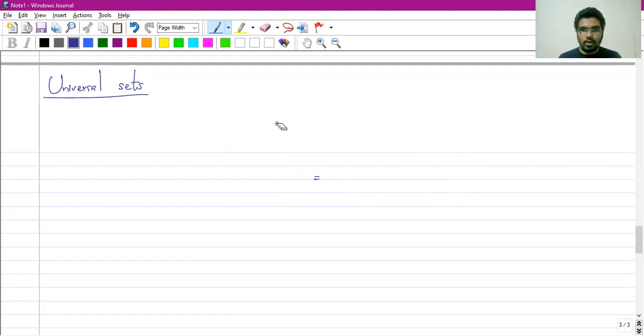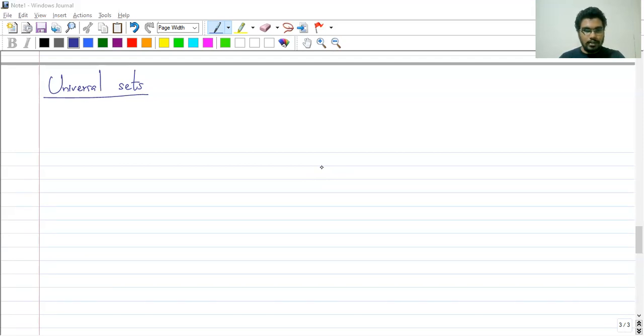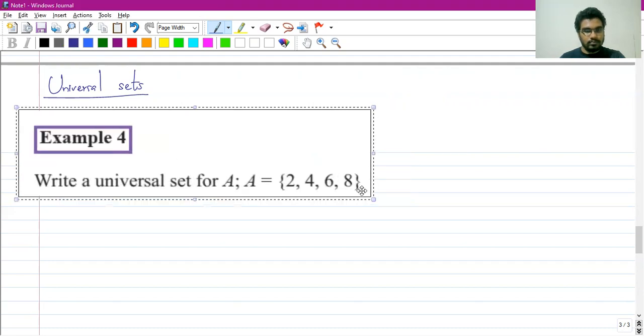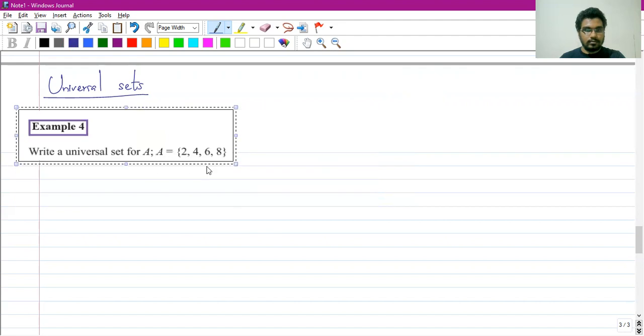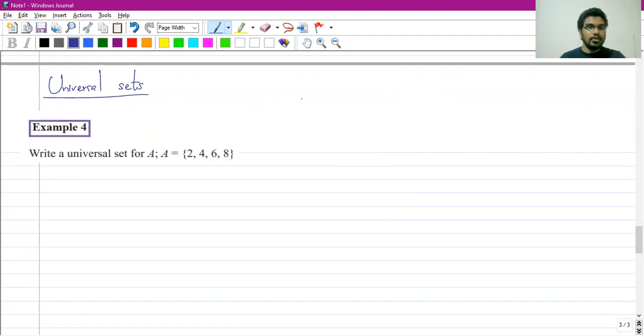So shall we do a small example so you can get this idea very well? Write a universal set for A. A is equal to 2, 4, 6, 8.